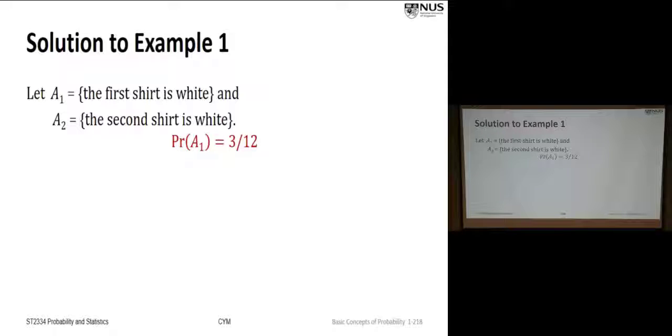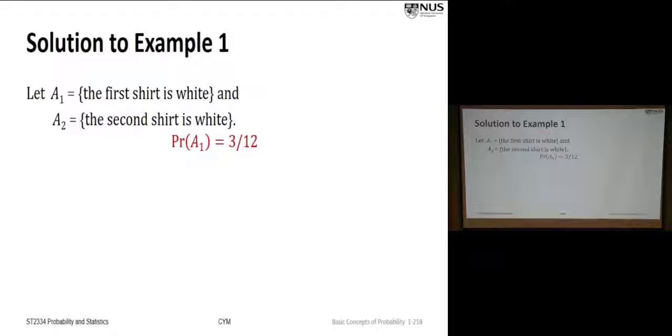How to get 3 over 12? Why is it 3 over 12? You never thought about it, right? 12 shirts. If the white shirts are for giant, the other non-white shirts are for baby. So you go and take.